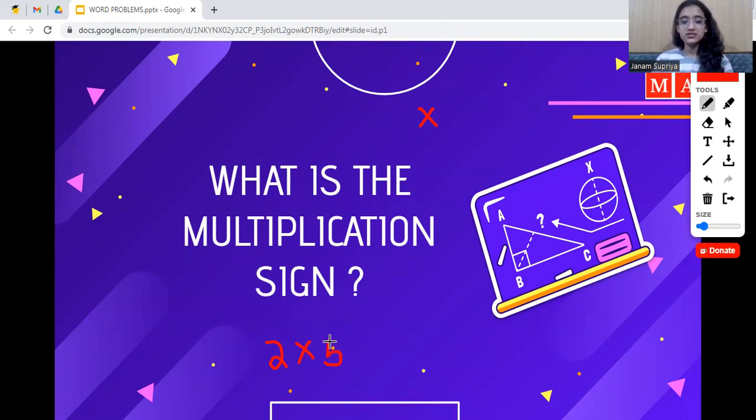This multiplication is also known as "into", so we read it as 2 into 5 is equal to 10. So the multiplication sign is a cross and we also read it as into.